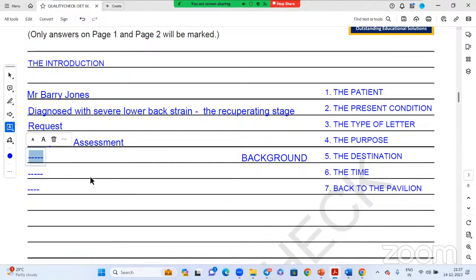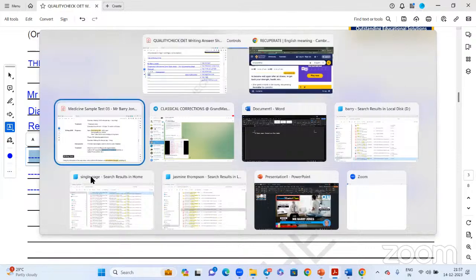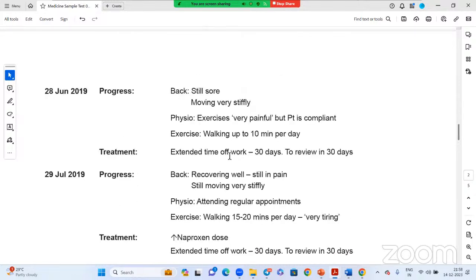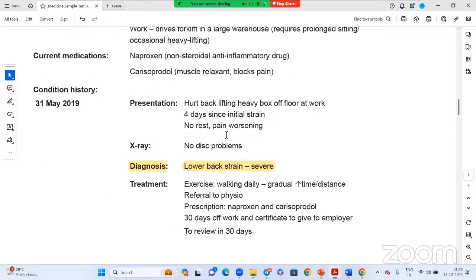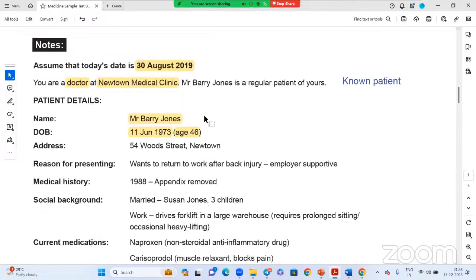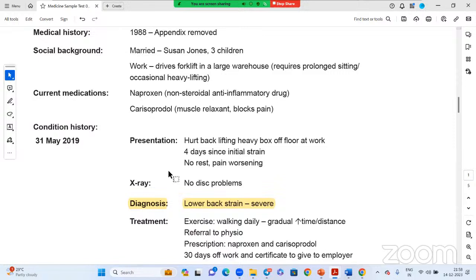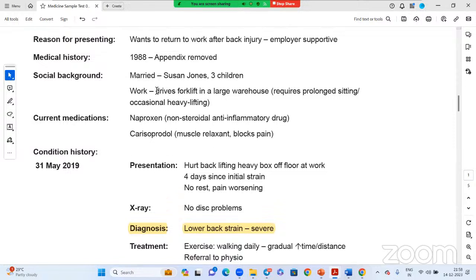Okay, he is a forklift driver. He is a professional. His profession. Something is missing, so you can add something else. Forklift driver in a large warehouse. No need to write everything. He's a forklift driver.